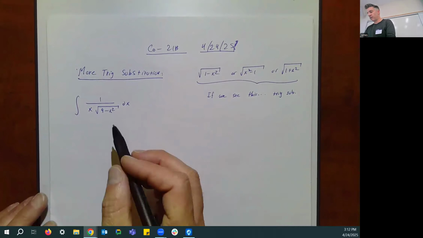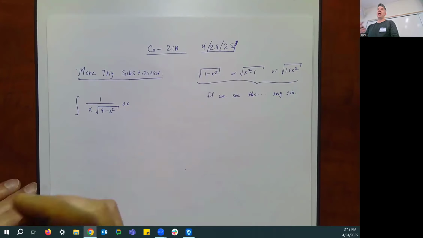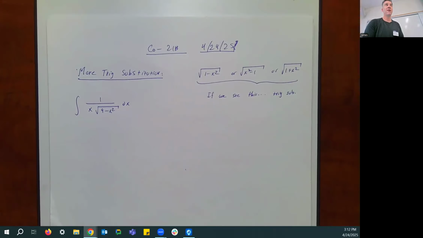So in every case with the trig sub, I'm trying to make a trig identity happen. I'm trying to either get 1 minus sine squared equals cosine squared, or 1 plus tangent squared equals secant squared, or secant squared minus 1 equals tangent squared. That is always what I'm trying to make happen.